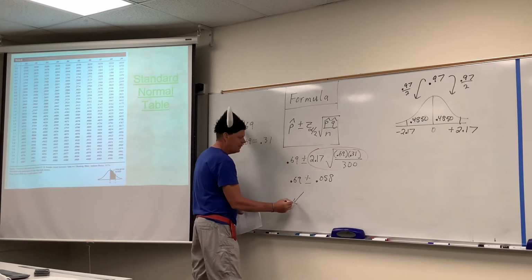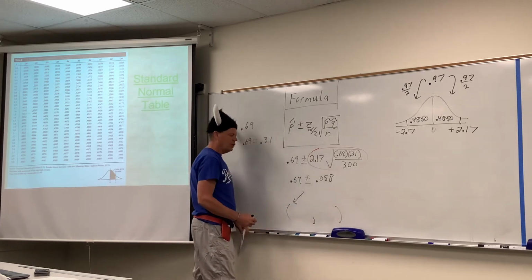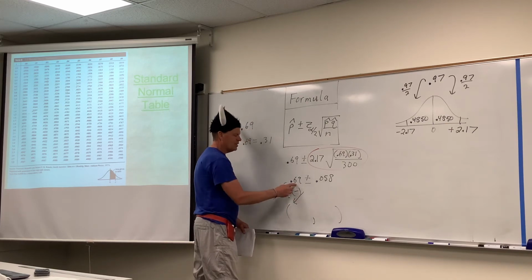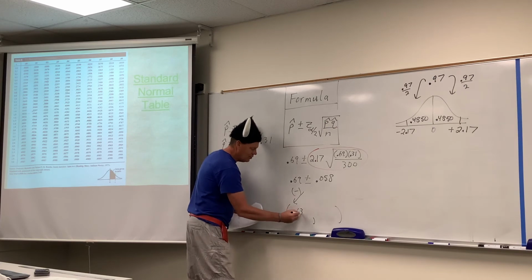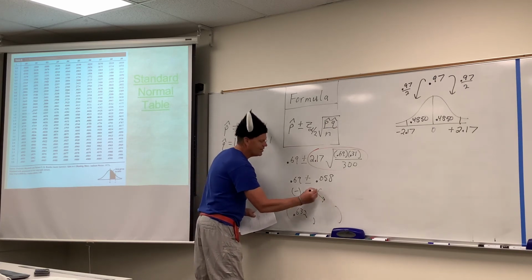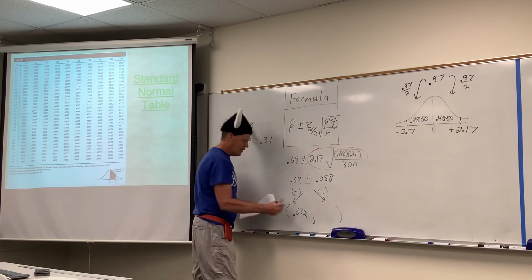To change that into an interval, remember that in algebra you learned an interval is the smaller number, comma, larger number, and you get the smaller one by doing subtraction. So 69% minus that margin of error is 0.632. And then plus, to get the upper end of our estimate, is 0.748.